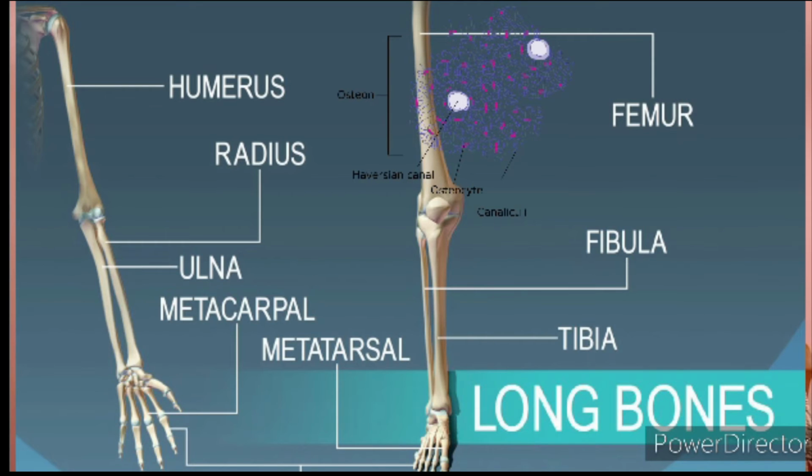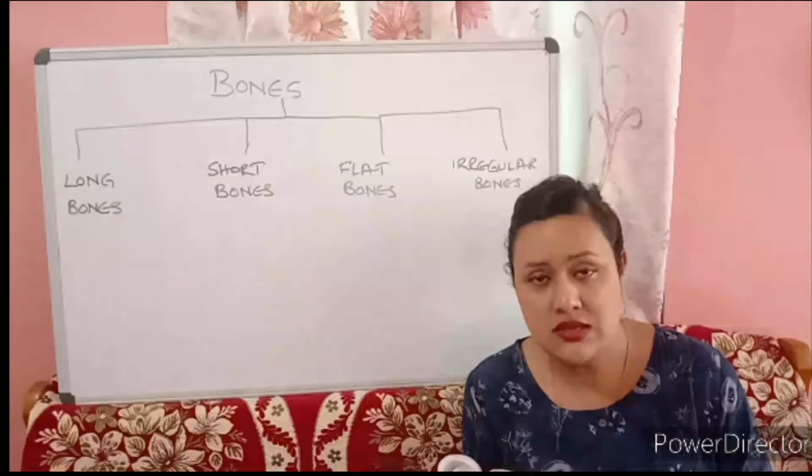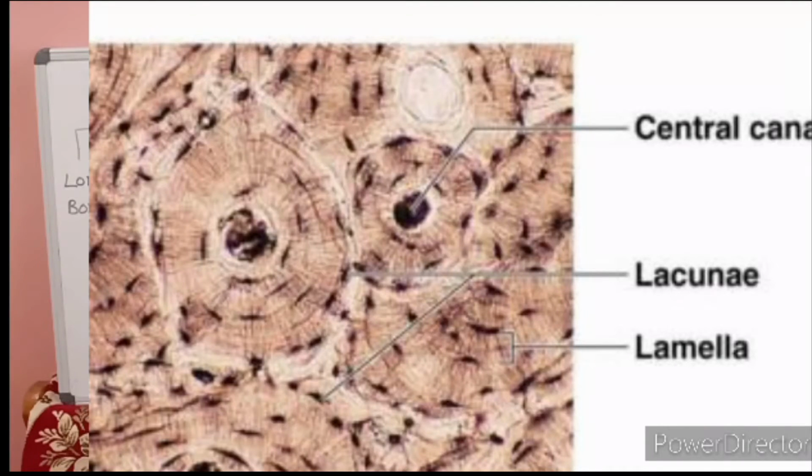Each bone cell receives food and oxygen through this structure and also excretes waste products into it. The fluid-filled space between the bone cells is known as the lacunae.